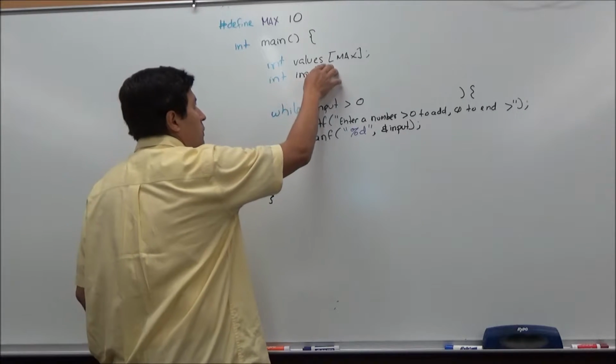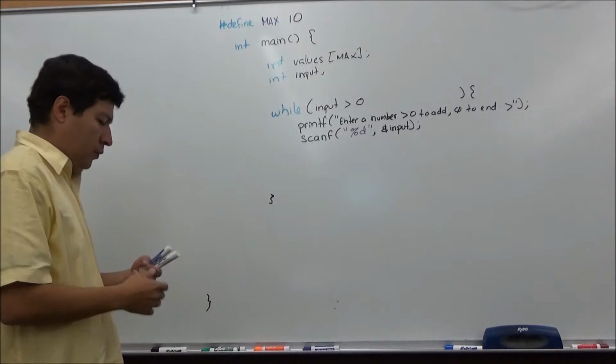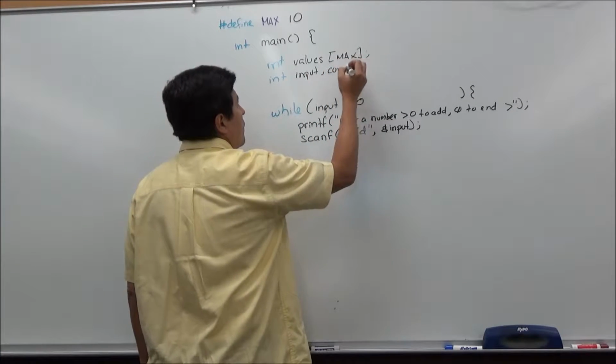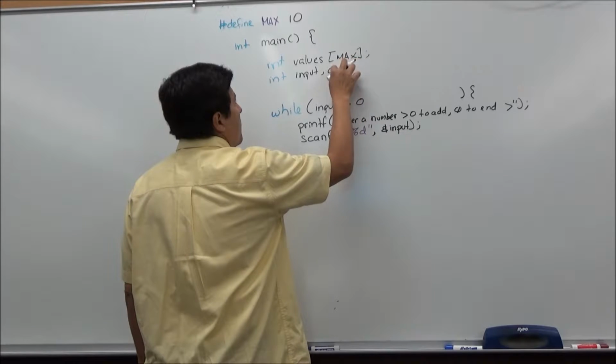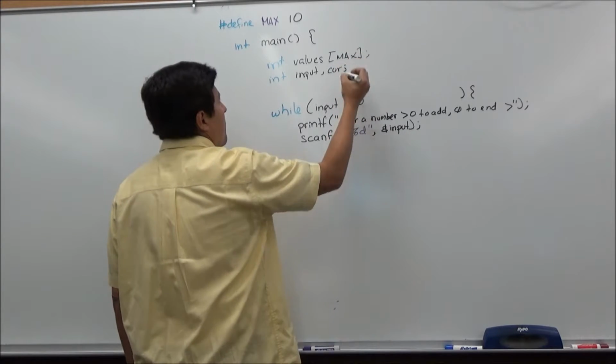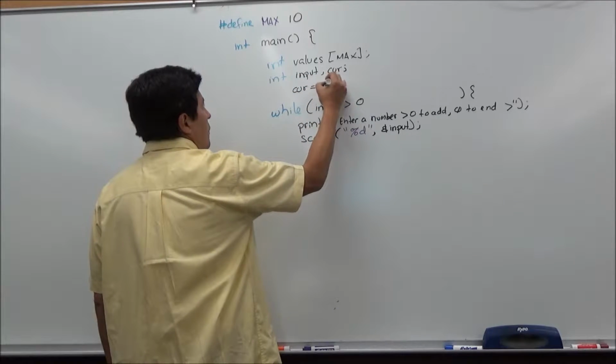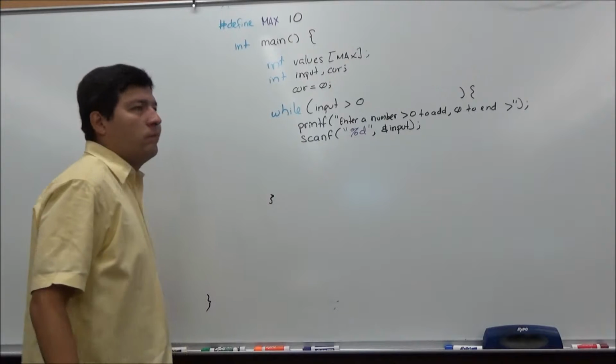So I'm going to make another variable. I'm going to call it current. I'm going to initialize that variable to number 0.